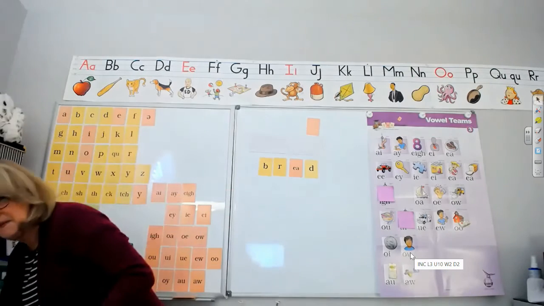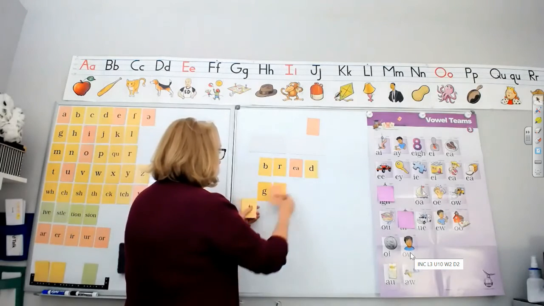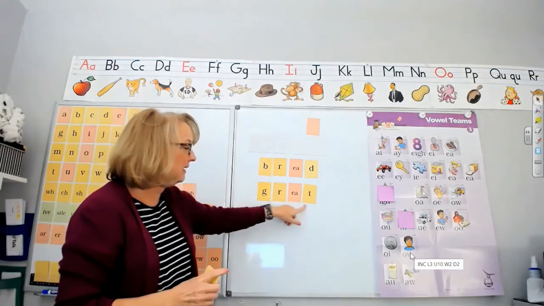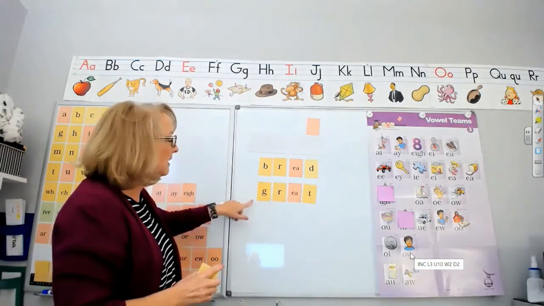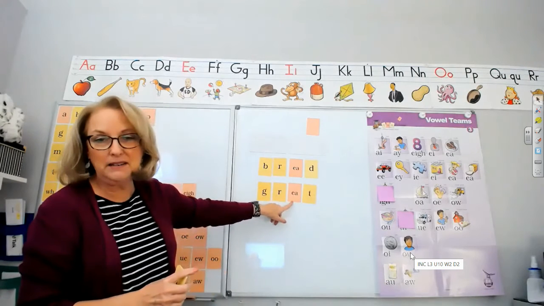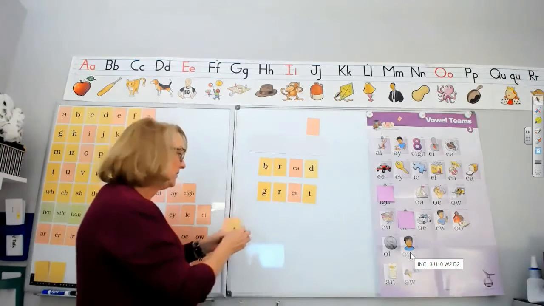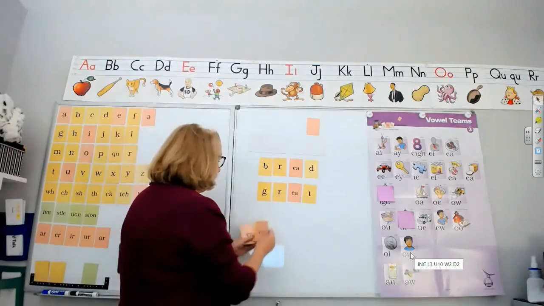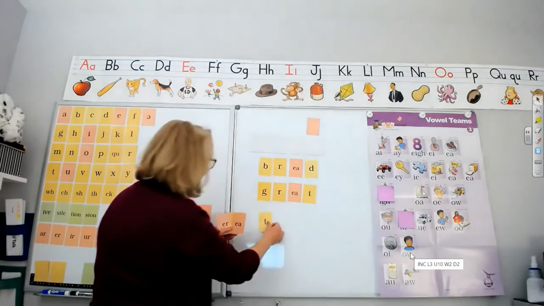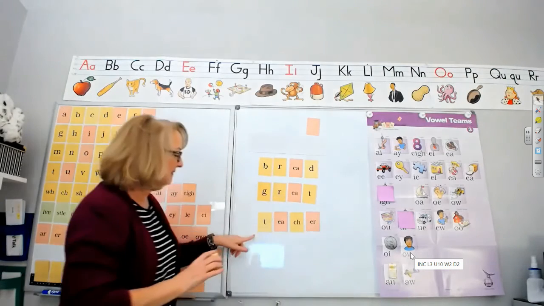Let me do another word. See if you can figure out what sound E-A makes. Read it. What's the word? Great. Very good. What sound is the E-A making in this word? It's saying A, isn't it? Great. Here's another one. I bet you know this one. Ready?